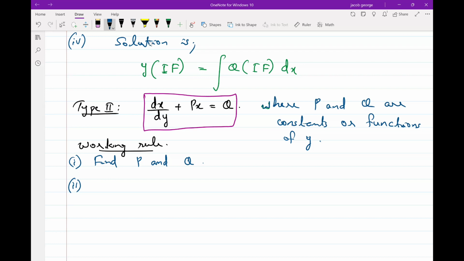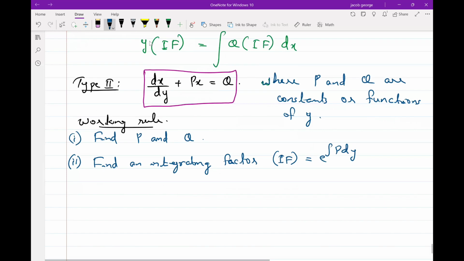So e raised to integral p dy. Find the integrating factor like this: e raised to integral p dy.